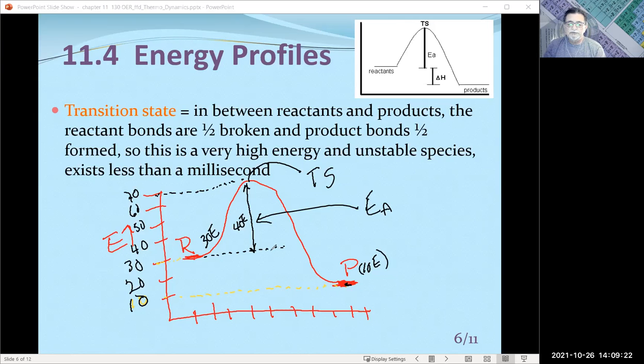Now that difference between where the products ended versus where they started, we call the delta H. That's the energy of the reaction. So in this case, it ended up at 10 and it started at 30 units, and so 10 minus 30 is negative 20 energy units.